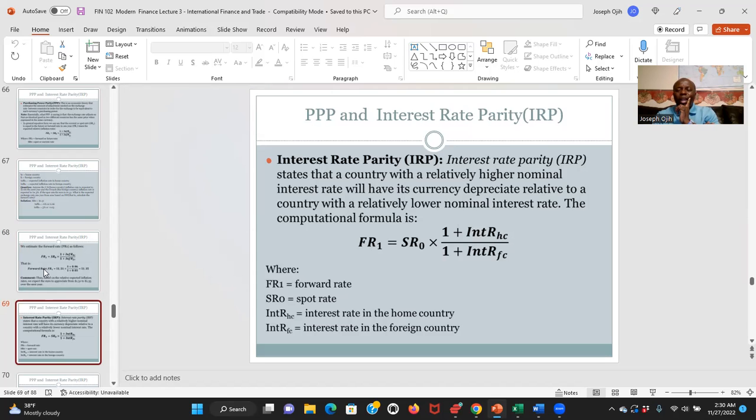So the country that has higher interest rates will have its currency depreciate relative to another country that has a lower nominal interest rate. So the currency of the country with the lower nominal interest rate will buy more of the currency of the country that has a relatively higher nominal interest rate. That is what the theory is saying.